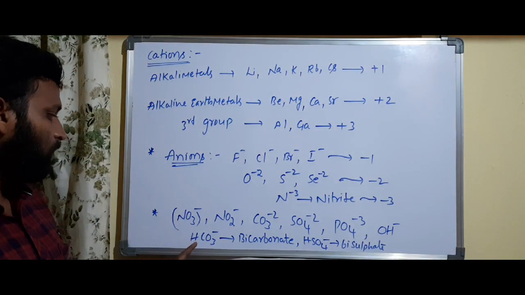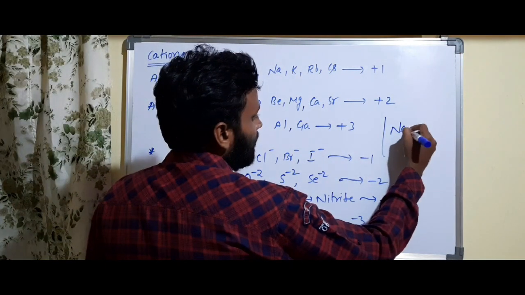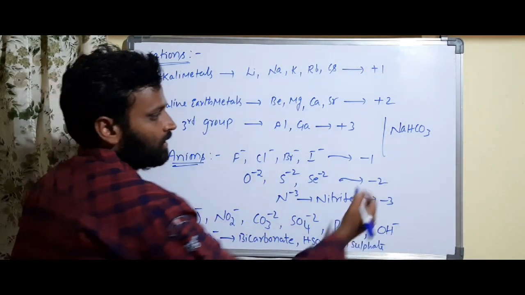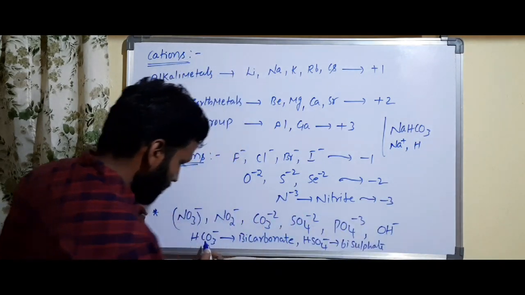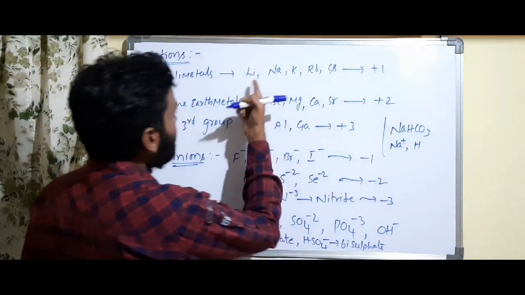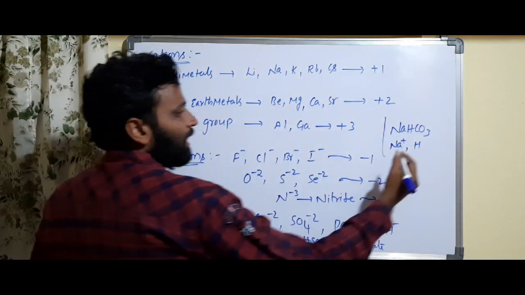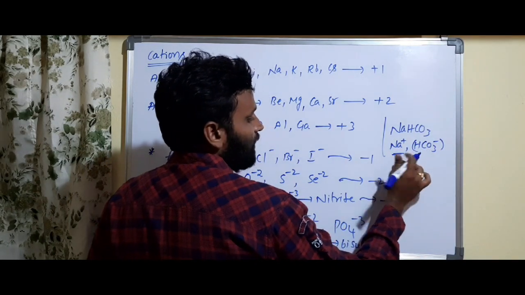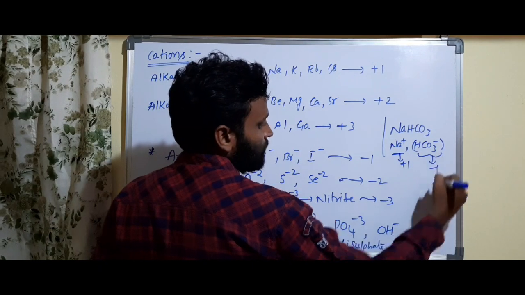These are the charges. Bicarbonate, NaHCO3. What is the gram equivalent weight? Suppose here we'll get Na+ and HCO3-. What is the charge I told you? -1. So Na+, what is the charge I told you? Always these charges are fixed. Na+ and HCO3- you have. So Na+, plus 1 charge. The whole charge is -1.